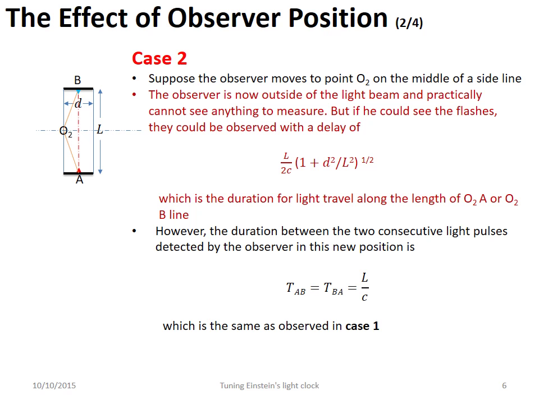However, the duration between the two consecutive light pulses detected by the observer in this new position is TAB equal TBA equal L divided by c, which is the same as observed in case 1.